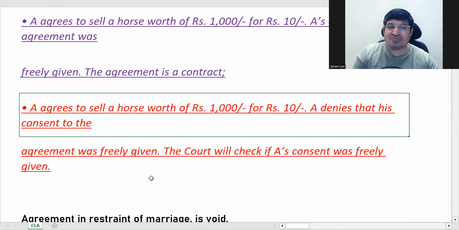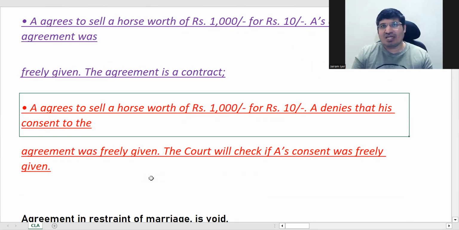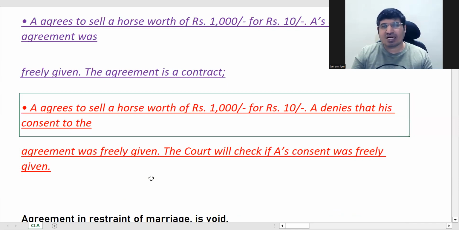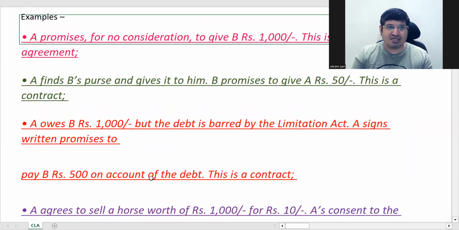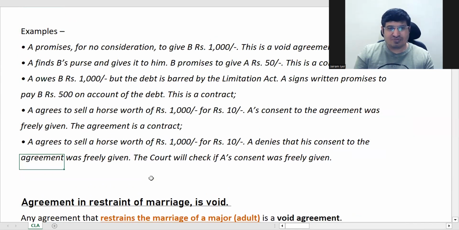He says, I did not give my consent, he just forced me to sign it. Then the court will check whether it was freely given or not. If it is proved that consent was not freely given, the contract will become void. Done? Okay, good. All good.